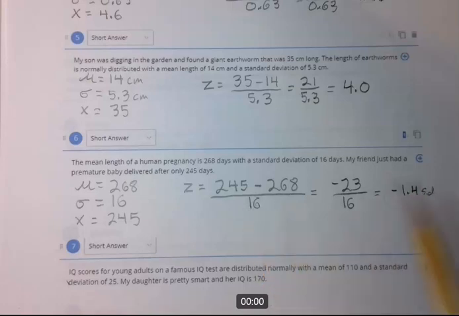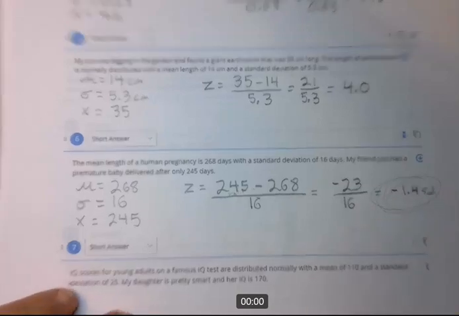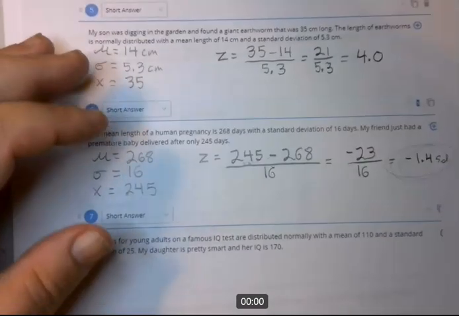So in other words, she had her baby pretty early compared to others. About 90% of pregnancies last longer than this number, and about 10% last shorter than that. That's just from looking at a lot of standard deviations and seeing how many percent that would be. Okay, there you go. But that's the answer, negative 1.4.